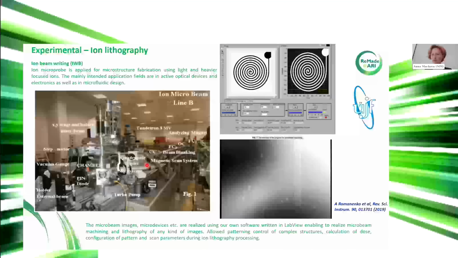So here you can see another kind of beam. Now the beam is not broad, but the opposite. We are squeezing the beam with a triplet of magnetic lenses to a very small area. This is called a microbeam, and this microbeam can be used for several purposes.